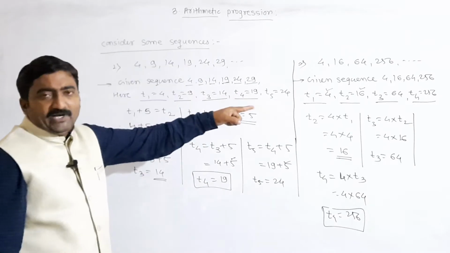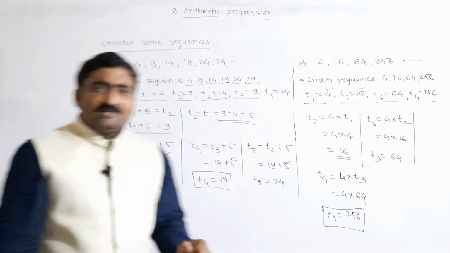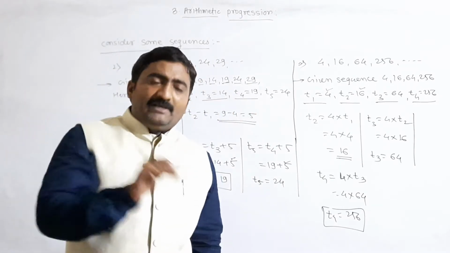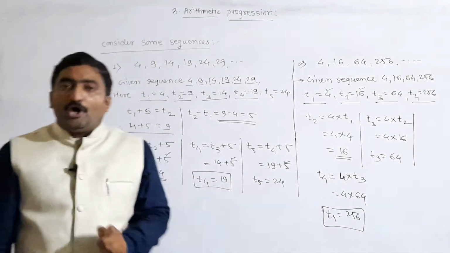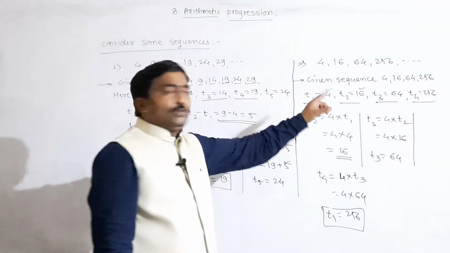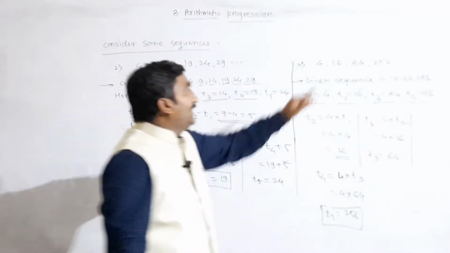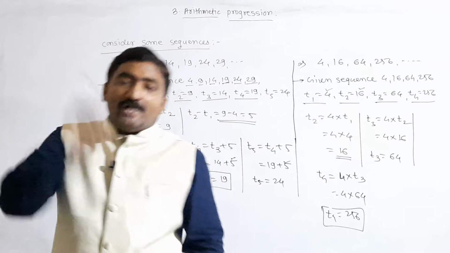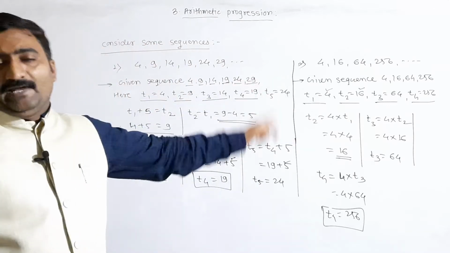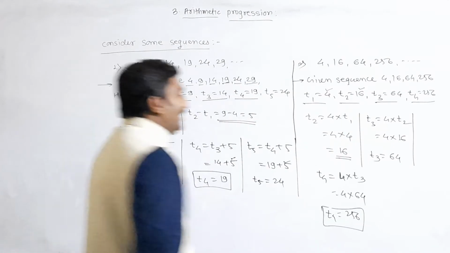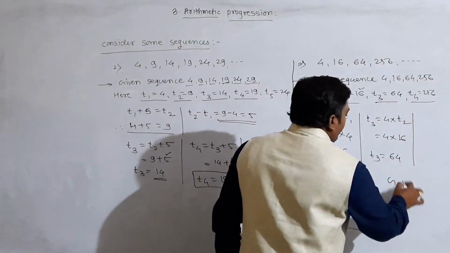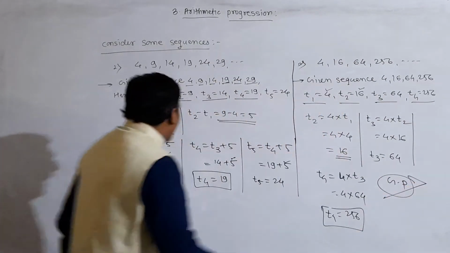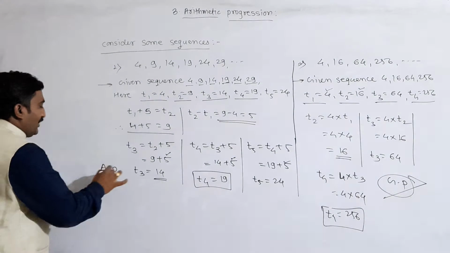And geometric progression means if in a sequence the ratio of any two consecutive terms is constant, then that sequence is called geometric progression. So remember that this is geometric progression and this is arithmetic progression.